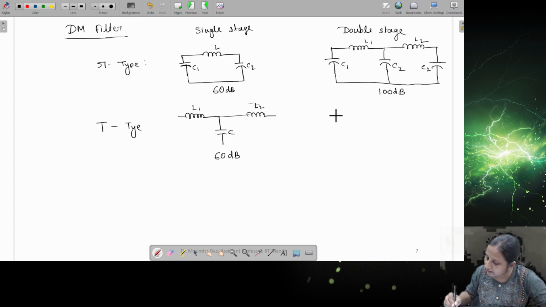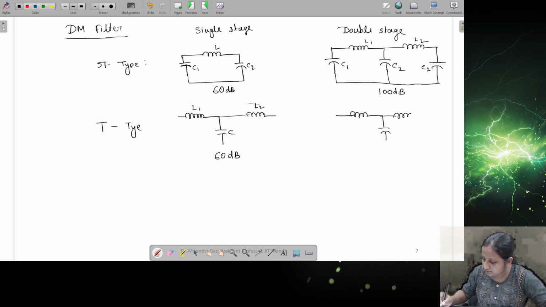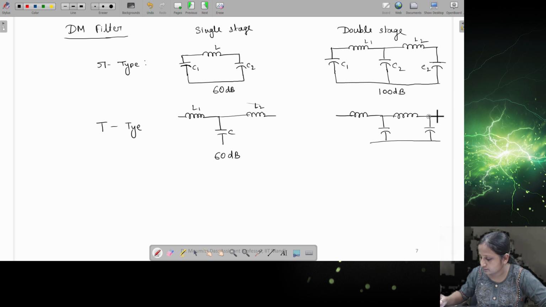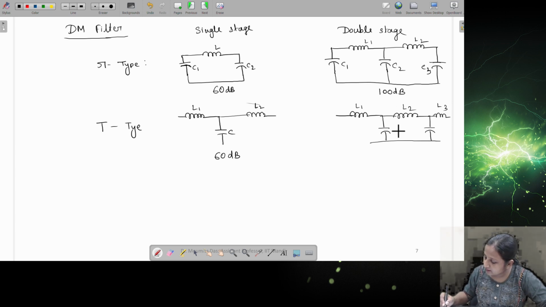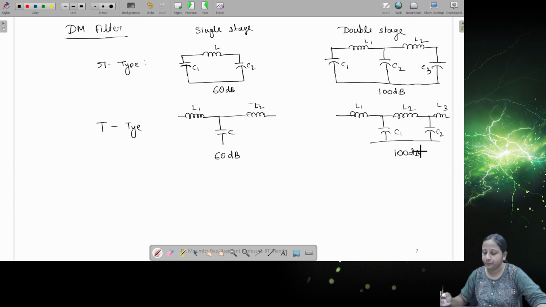Again, you can use the same thing for double stage, with C3, L1, L2, L3, C1, C2. Similar to the previous pi type, it provides attenuation of 100 dB.